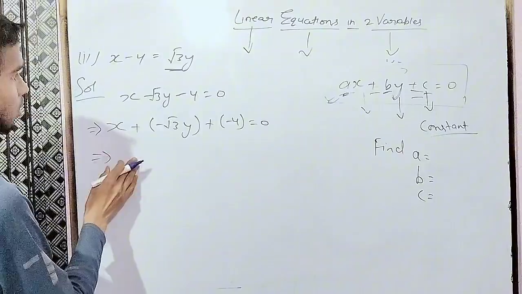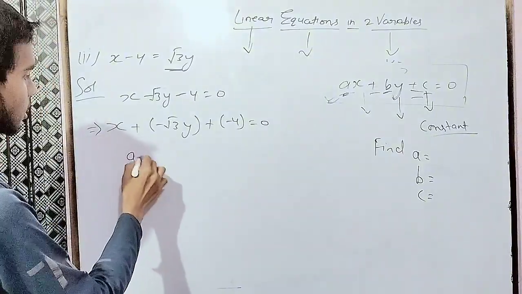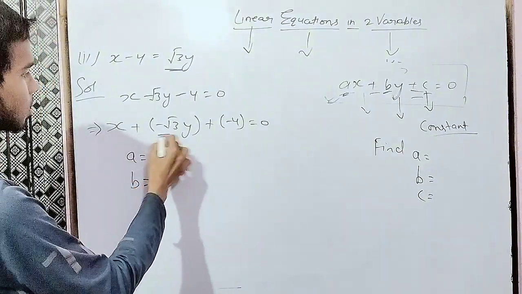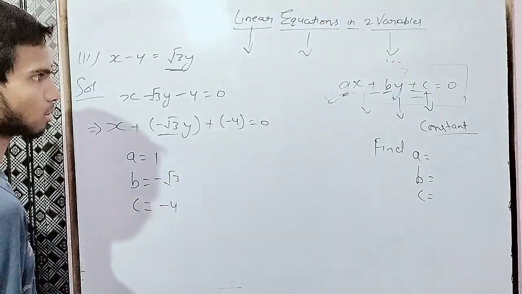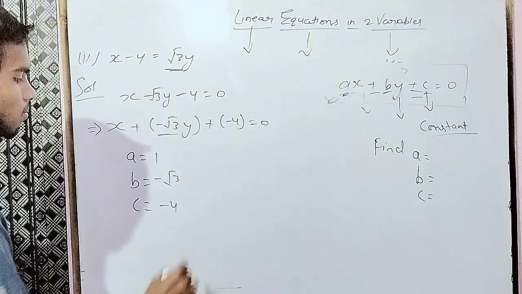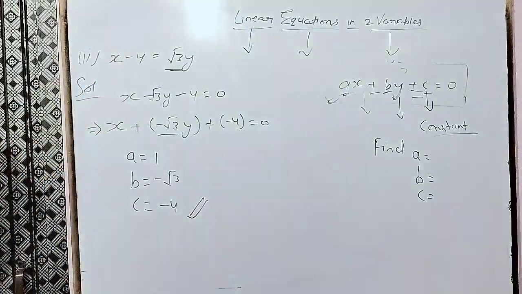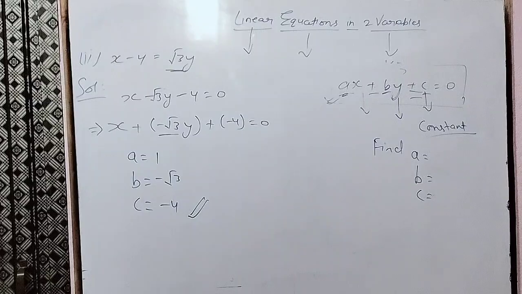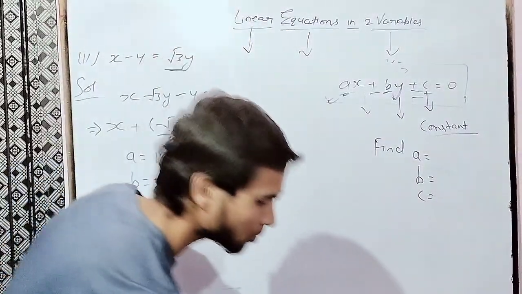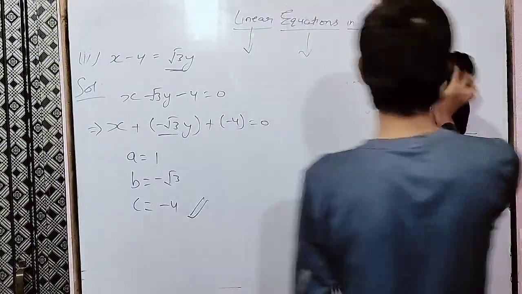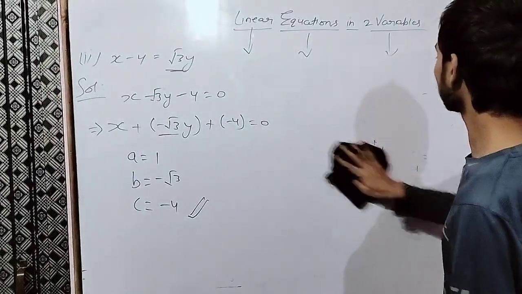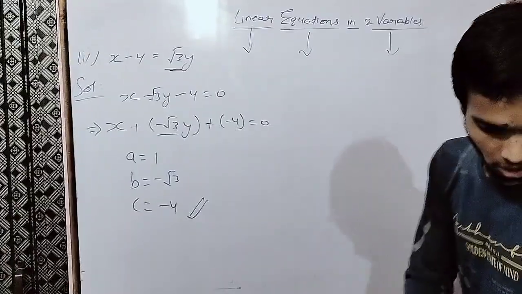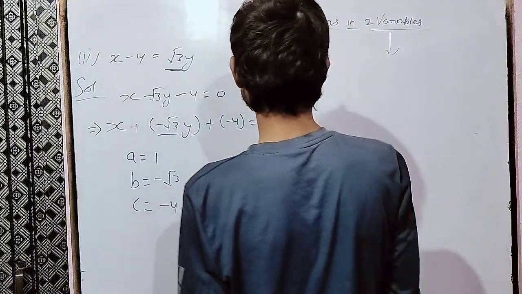So now we can easily tell that in place of a is 1, in place of b is minus 3, in place of c is minus 1, like that. Clear? That's all. Next, the third.